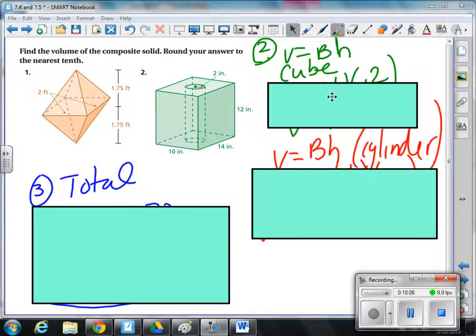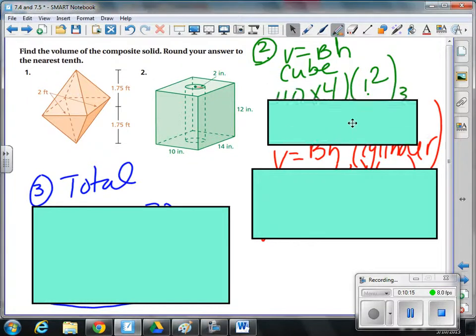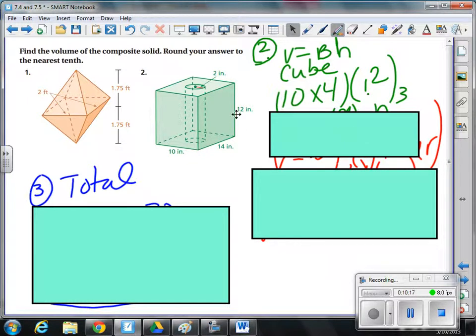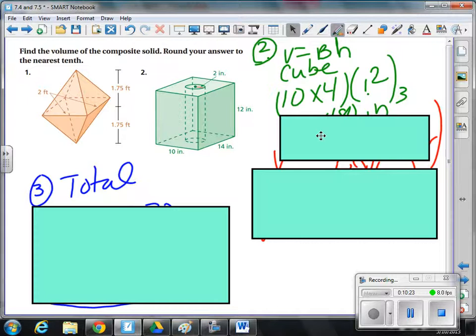Okay, so step one, we're going to use area of the base times the height. So area of the base is 10 by 14, and the height is 12. Oh, I messed up in here. Let me redo this math for you. 10 times 14 is 140.